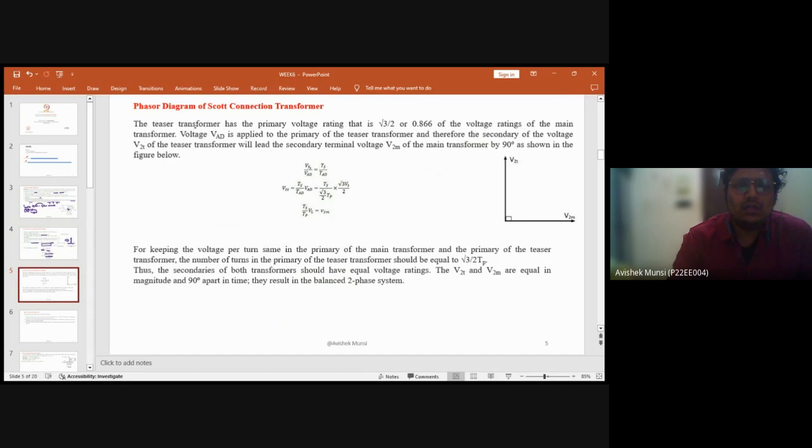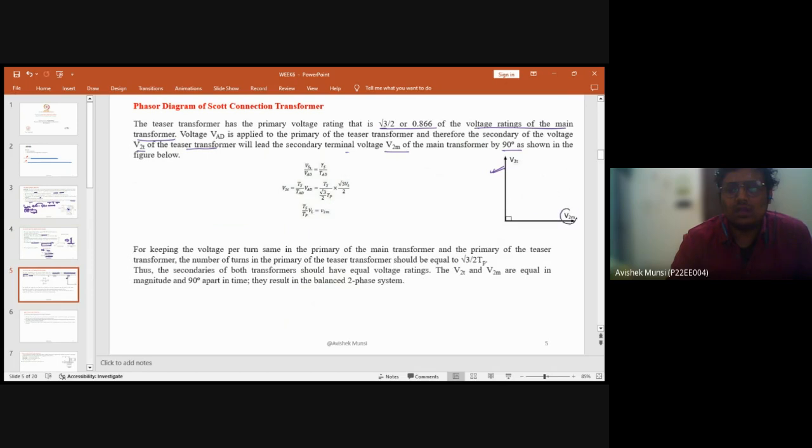Now you see that the teaser transformer has a primary rating of root 3 by 2, or 0.866, of the voltage rating of the main transformer, which is here on the last line. Right? So here also you can see that if the secondary voltage of the teaser transformer is V2T, it will lead the secondary terminal voltage of the main transformer, V2M, by 90 degrees, according to this picture.